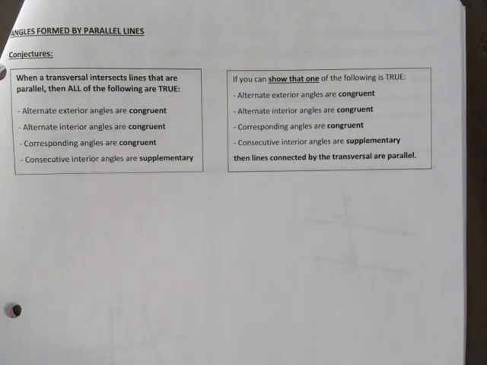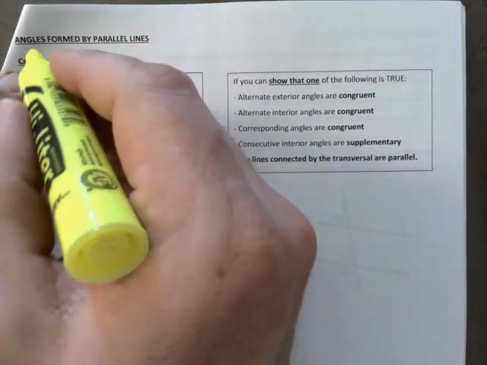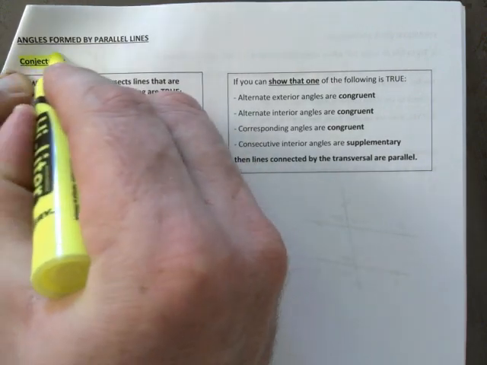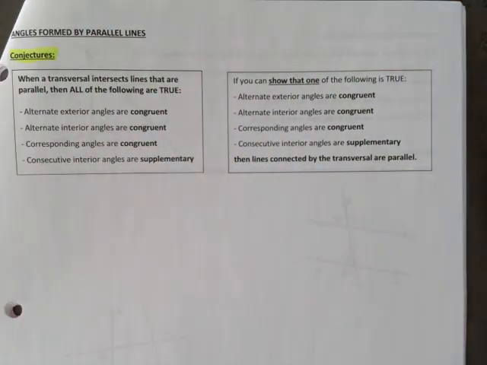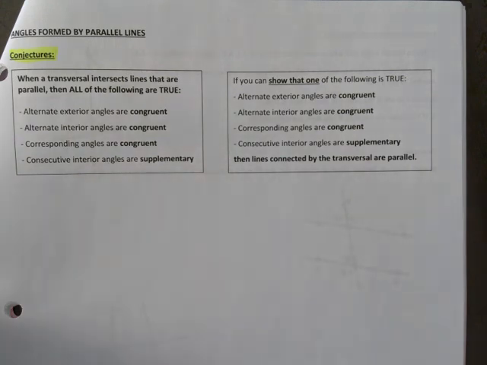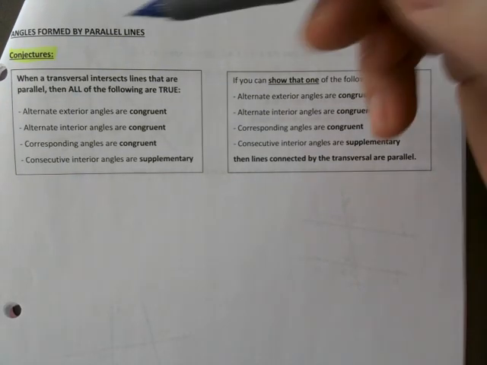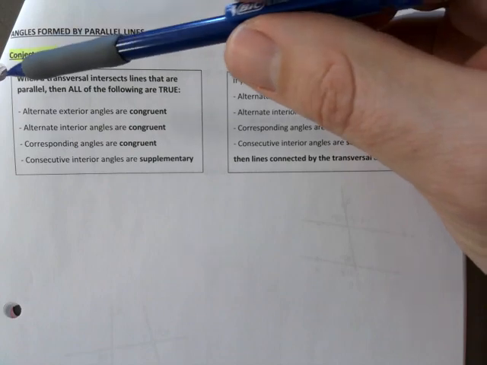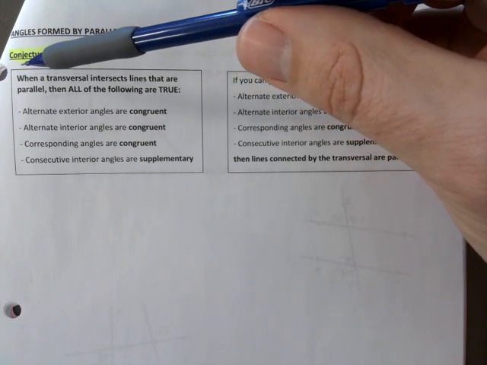We're gonna look at the following conjecture. This is on page 6. Let me see here because I changed this up a little bit. Watch this, guys. On page 6, okay?